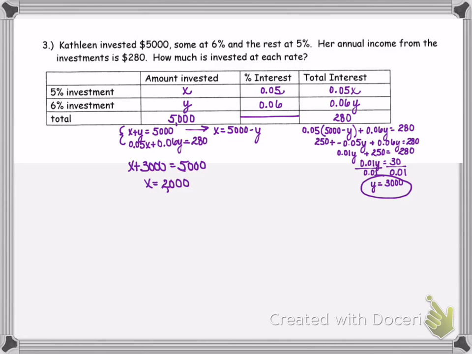And we want both of those, so we're going to write a sentence something like $2,000 at 5% and $3,000 at 6% must be invested.